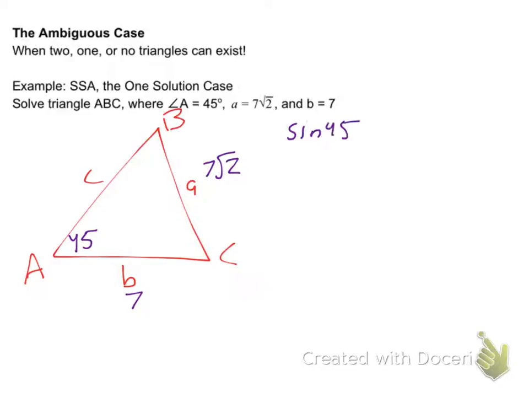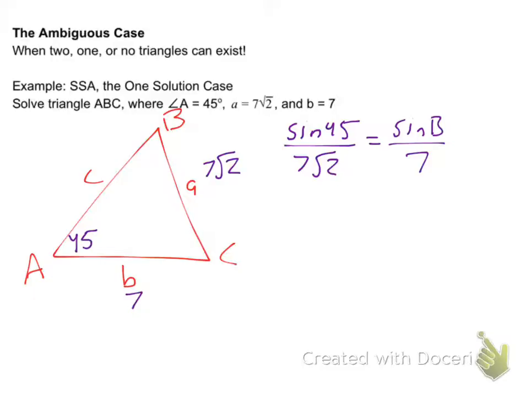Sine of 45 over 7 square root 2 is equal to sine of B over 7. Oh boy. Now, hey, this is cool. Do I really need to cross multiply?